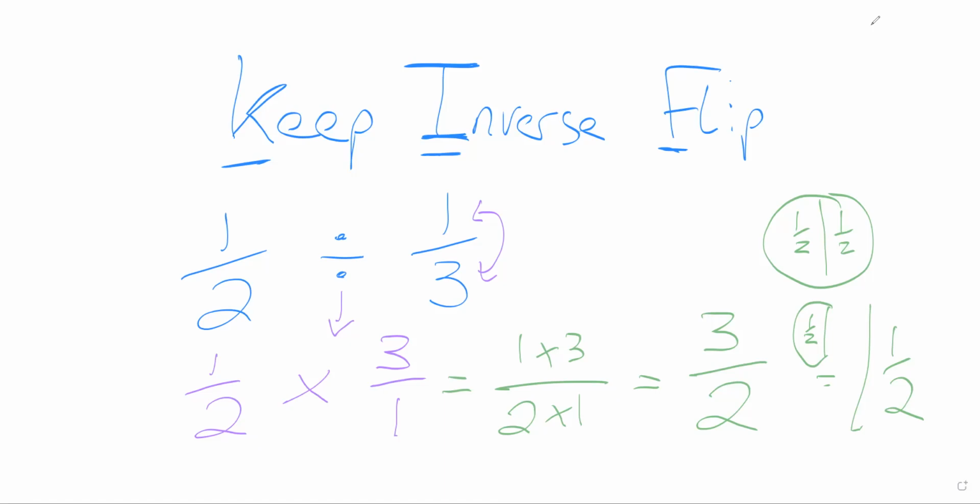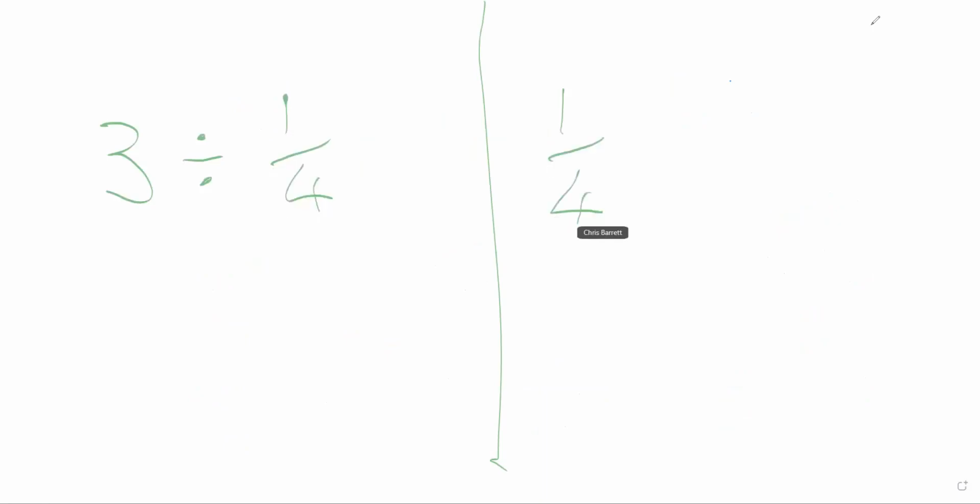Right? So let's have a look at it when it involves whole numbers. I'm going to show you the two versions. So you could have a whole number divided by a fraction, or you could have a fraction divided by a whole number. Right, so let's change colors.